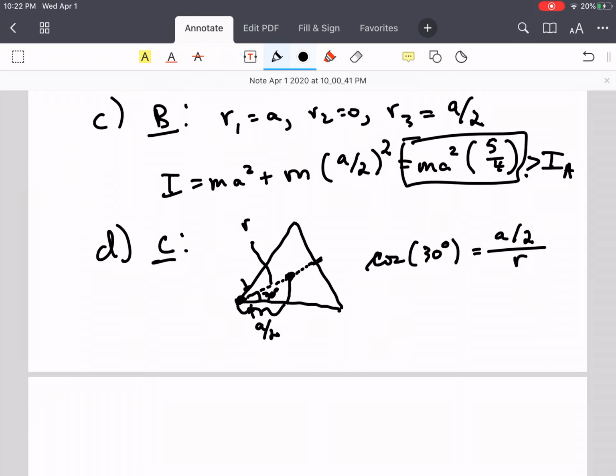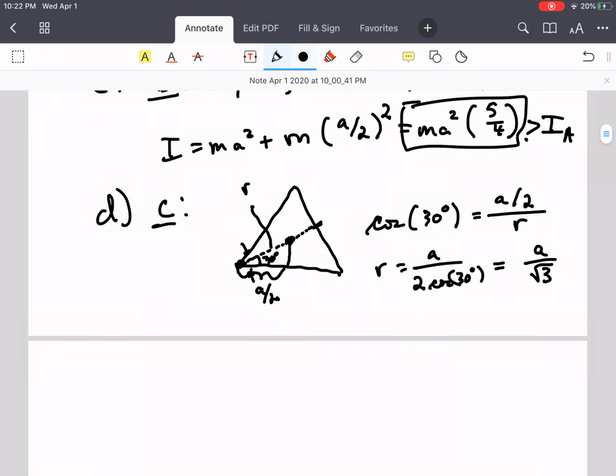We want to solve for r, so r is a over 2 times cosine of 30 degrees, sorry about that. Cosine of 30 degrees, some of you might remember, is the square root of 3 divided by 2, so the radius is a divided by the square root of 3. And now that's the same for each of the objects.